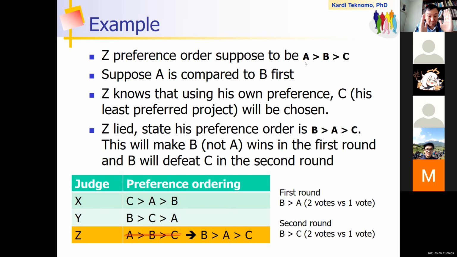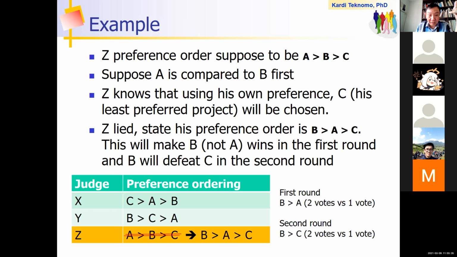You compare two. Each of you as a judge will give a preferential order, and you will select among two in the preferential ordering.